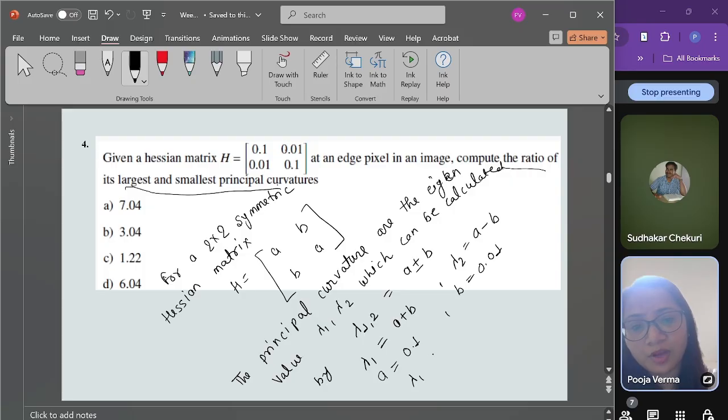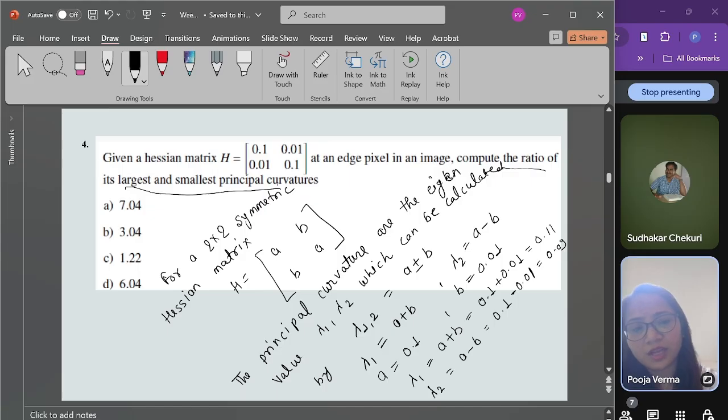So lambda 1 is a plus b, that is 0.1 plus 0.01, so it will come 0.11. Similarly, lambda 2 is a minus b, 0.1 minus 0.01, so you will get 0.09.